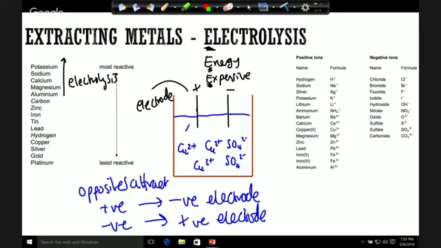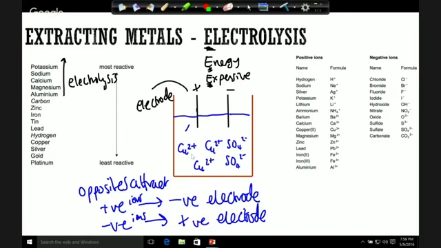Now, you may well have been taught different words for these. You may well have been taught about this being the anode and the cathode, but I would strongly recommend that you don't try and use those terms in the exam, because people often get confused about those ones. Just play safe and use positive and negative electrode. So the positive ions move to the negative electrode, the negative ions move to the positive electrode.